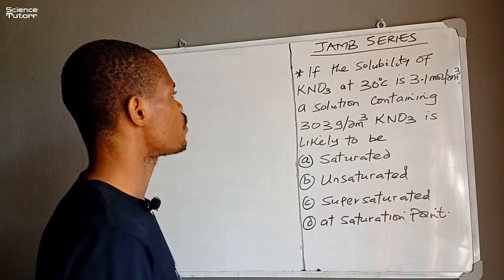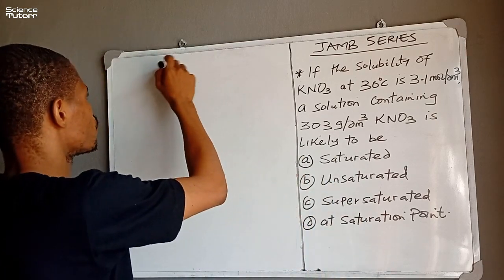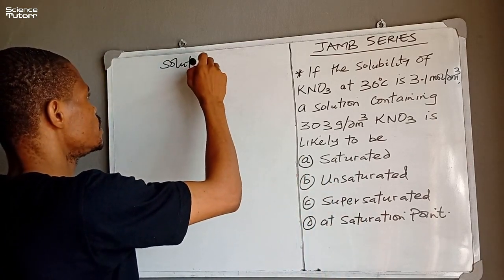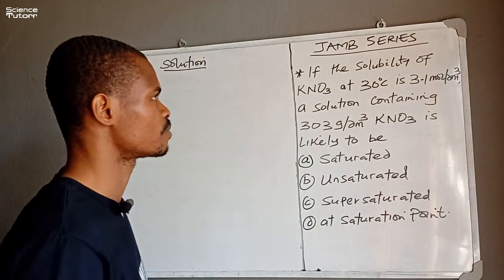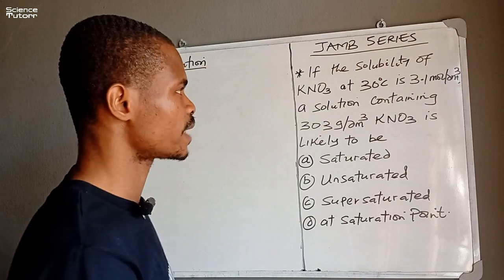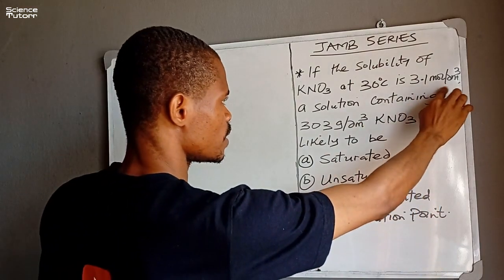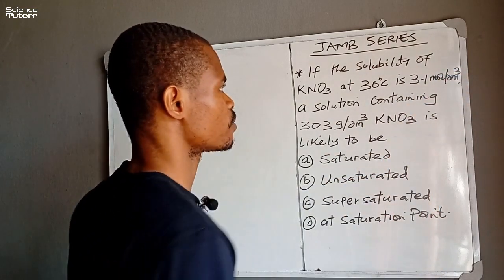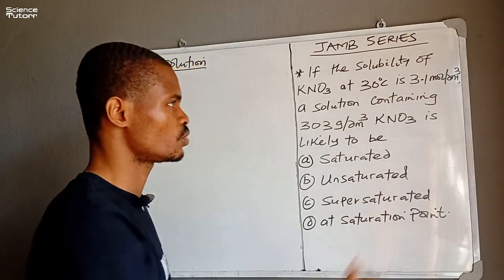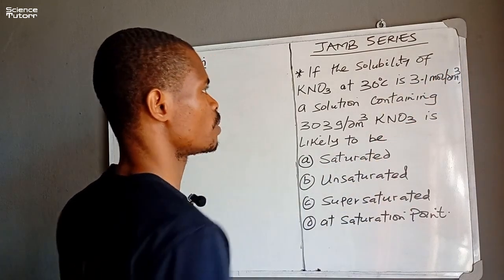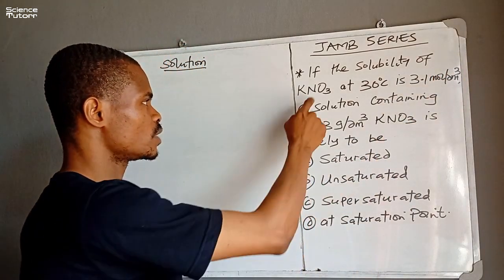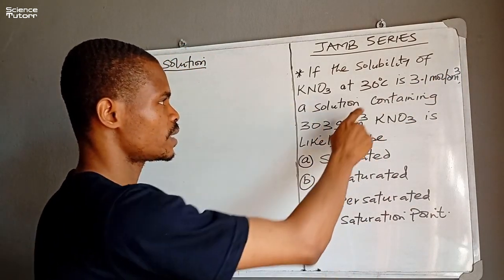Now, in solving such a problem, what we simply need to consider is the information that is given. Solubility many times has to do with the molarity, the molar concentration of a solution. They are interrelated. So we are talking about mole per dm cube. In this case, we are considering potassium nitrate at 30 degrees Celsius.